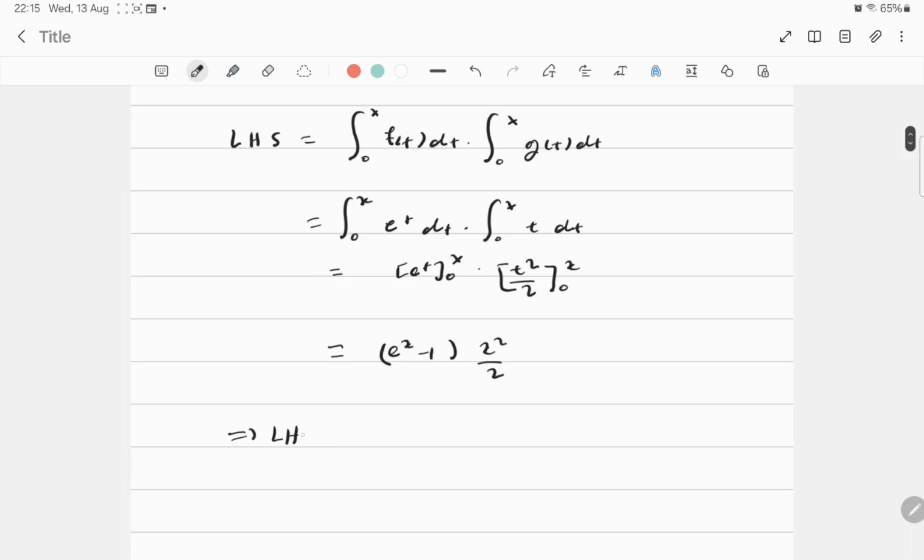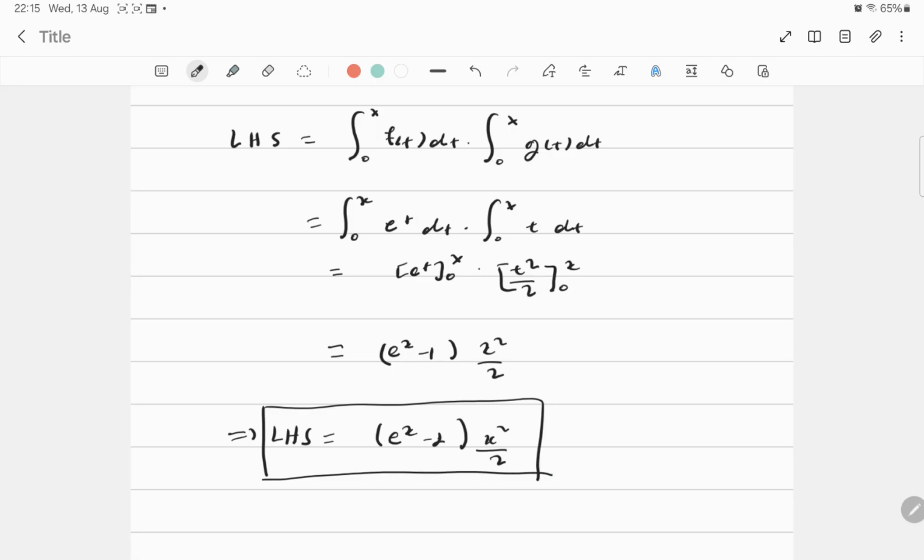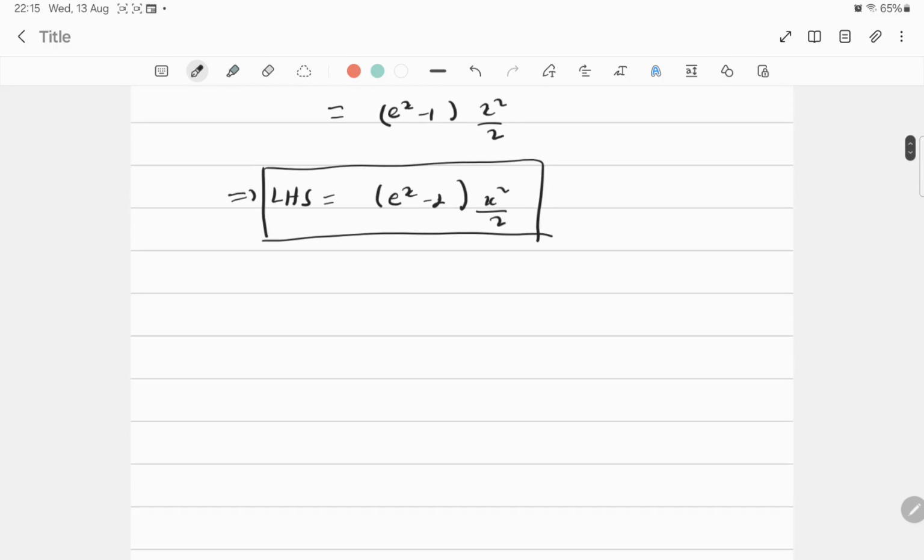My left hand side is e to the power of x minus 1 times x squared over 2. Now let's compute the right hand side. The right hand side is x times the integral from 0 to x of f of t times g of t dt.